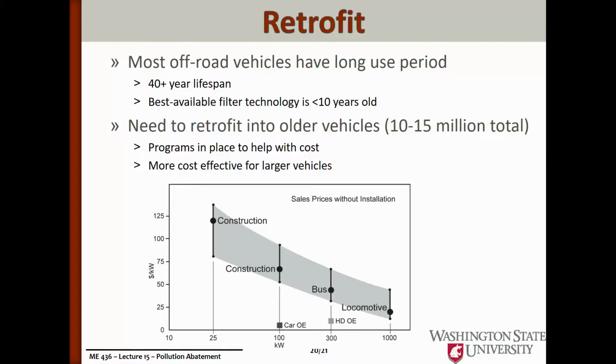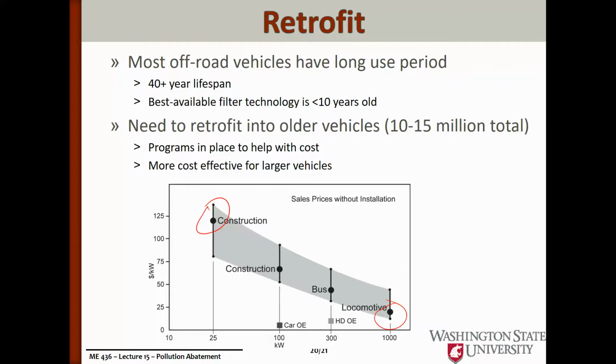Once you get out of that standard vehicle range, you have very small engines running a cement mixer on a construction site to very large 1,000 horsepower engines running trains.